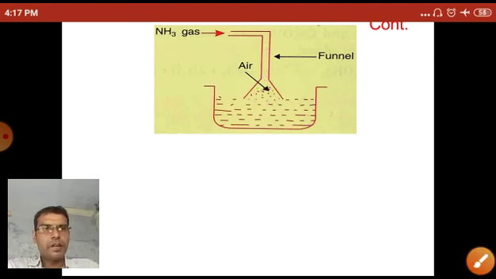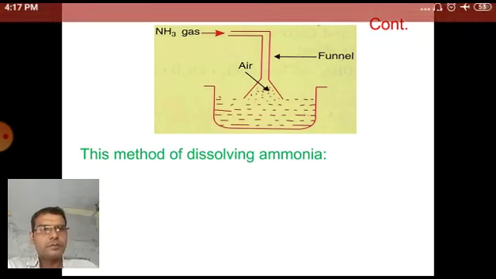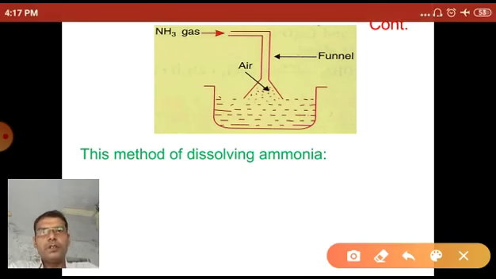Now what happens in this process? When the ammonia gas passes through the delivery tube and goes into the water through the inverted funnel, the ammonia gas dissolves quickly in the water, and a vacuum is created in the tube of the funnel or delivery tube.